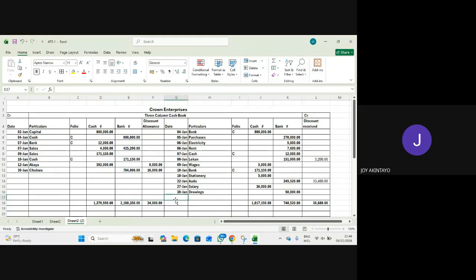So you know that on the last day, what's the last date of January? What is the last day of our January? 31st. So we now say 31st, balance carried down. So it will just be the difference from it.